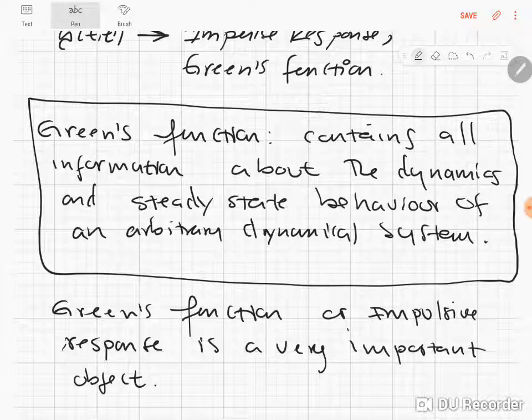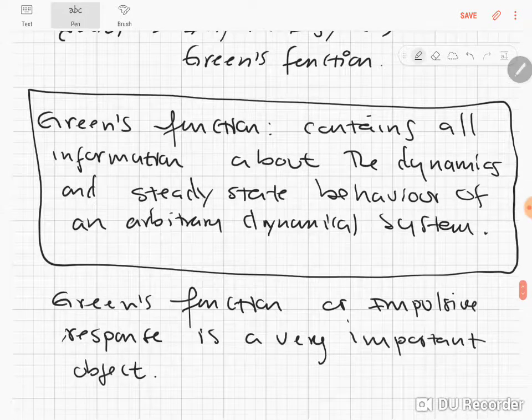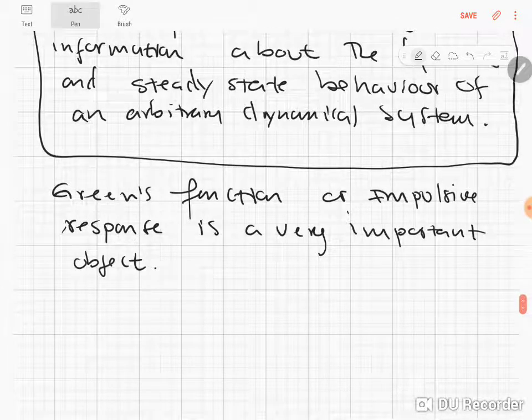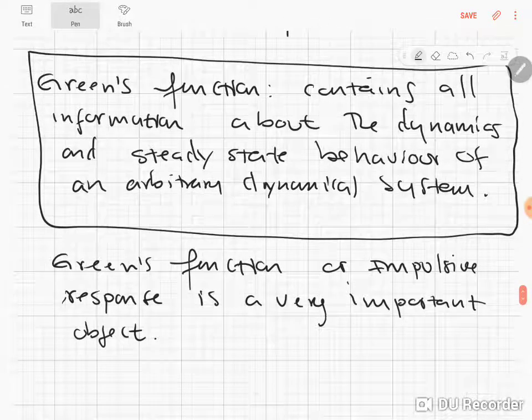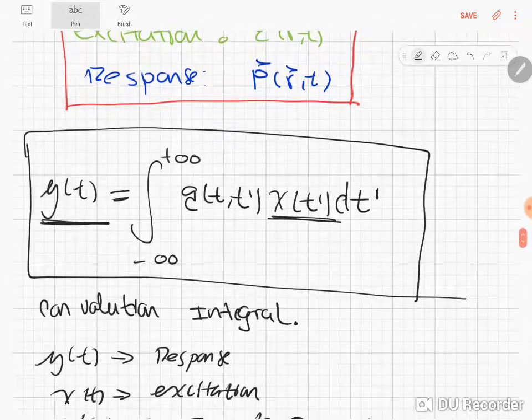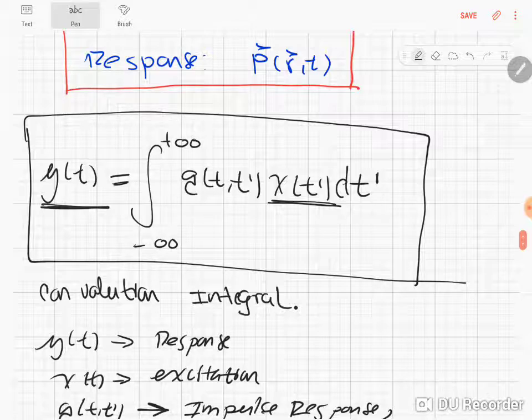Okay, so now we're going to proceed with this. The general formula for this is what's called the convolution integral.